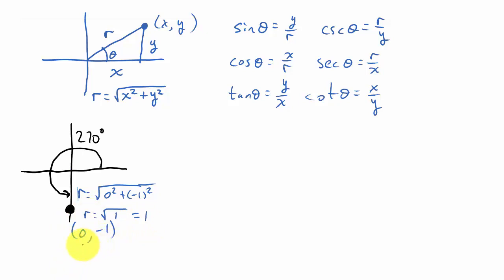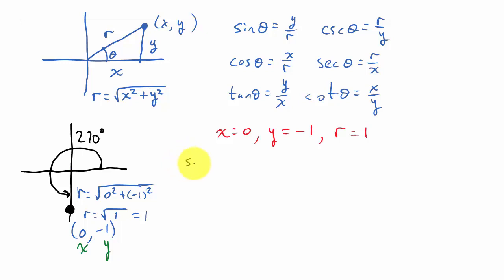We know x is 0, y is -1, and r, we calculated here, is 1. So there you go. Now we find the values for 270.